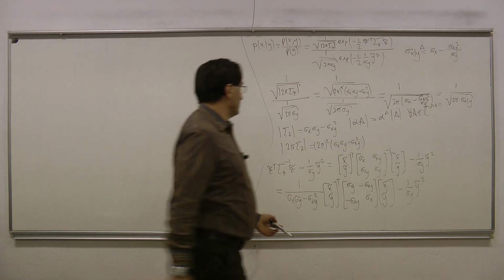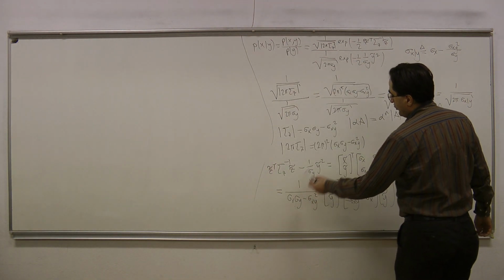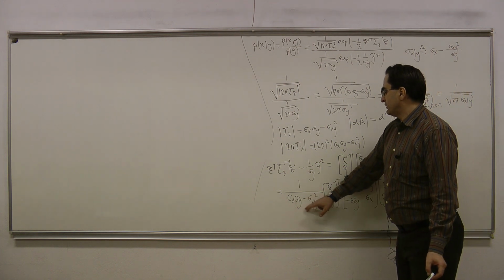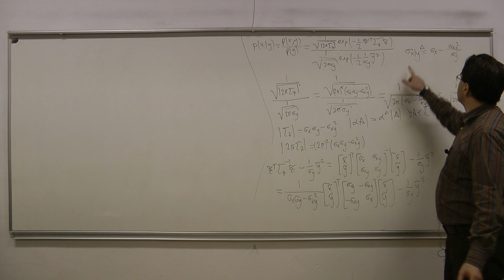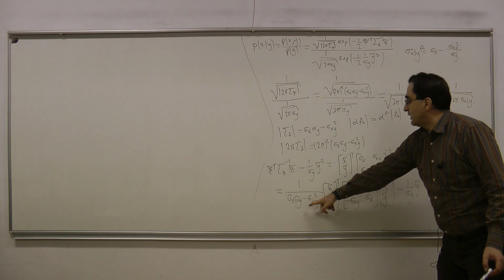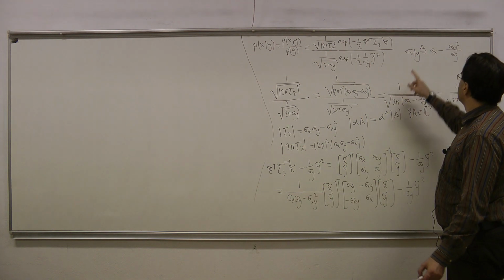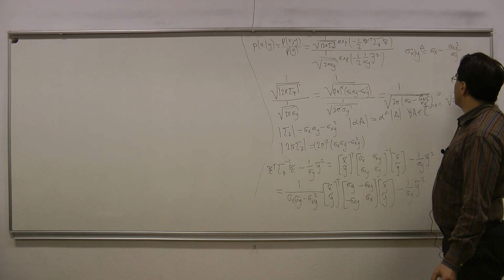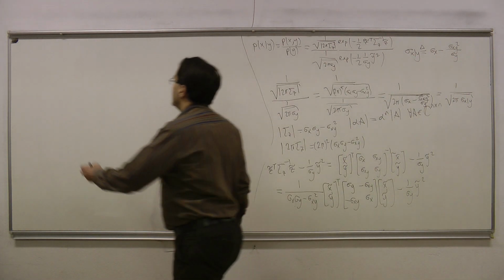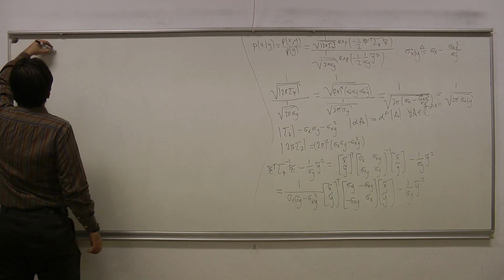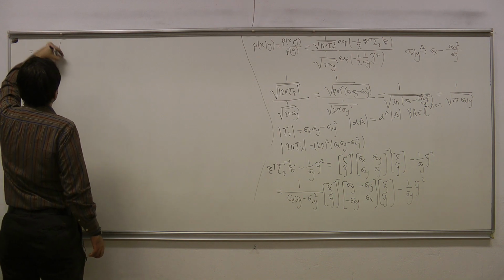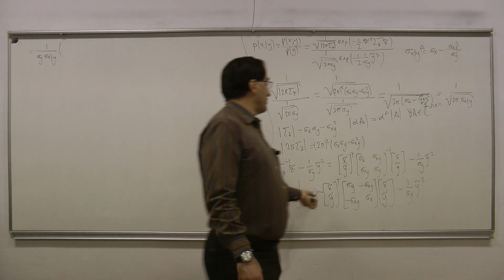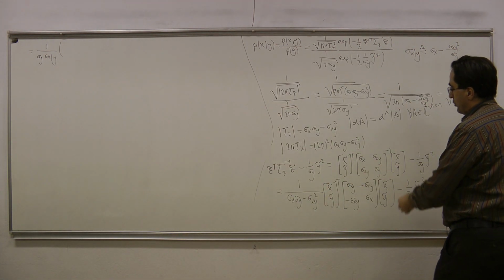So now let me write this determinant here. I will write this determinant in terms of sigma x given y. So this determinant is nothing but sigma x given y times sigma y. Okay? So this is equal to 1 over sigma y times sigma x given y. And then I will expand this quadratic form here.